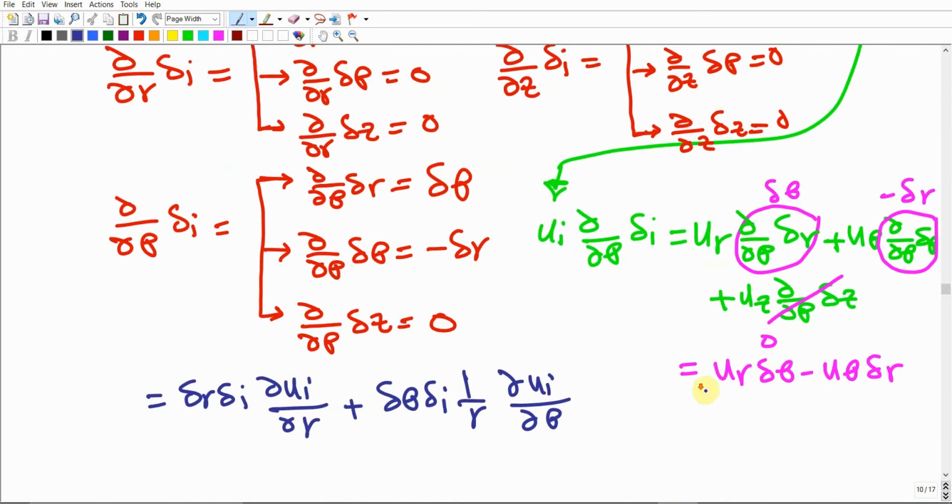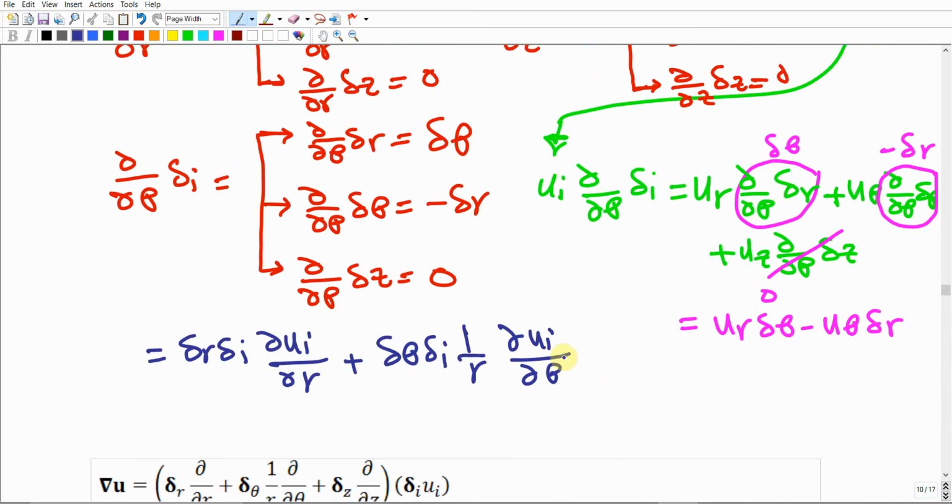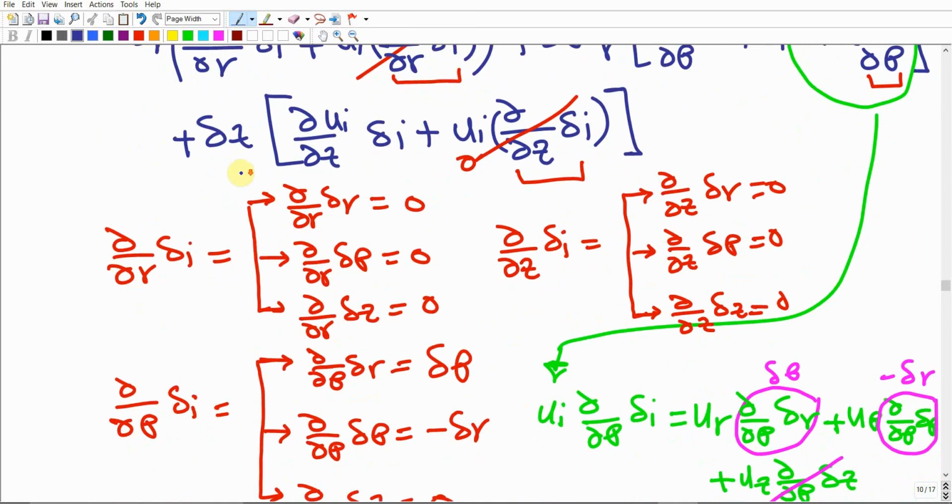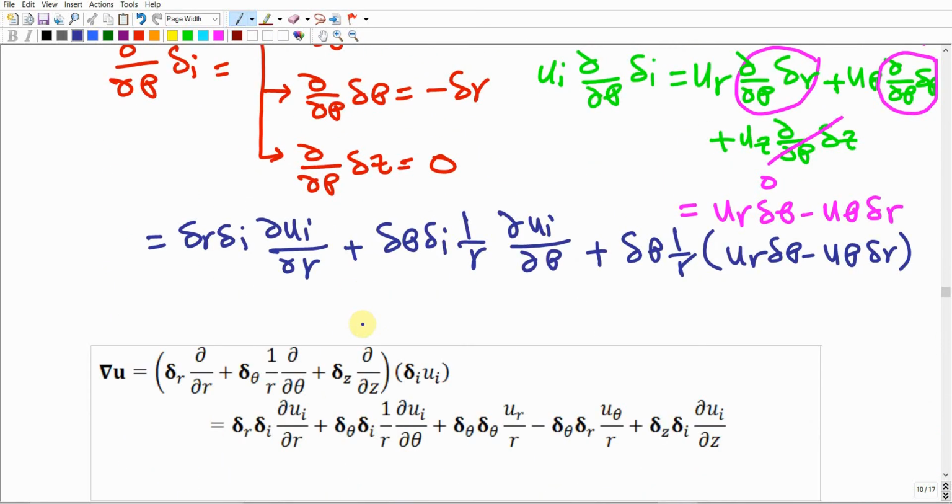The second term has been split into just two terms, so it will be multiplied: plus delta_theta delta_theta, 1 over r times u_r delta_theta minus u_theta delta_r. This is gonna give us the second term. The third term is just gonna be delta_z delta_i, partial u_i with respect to z.